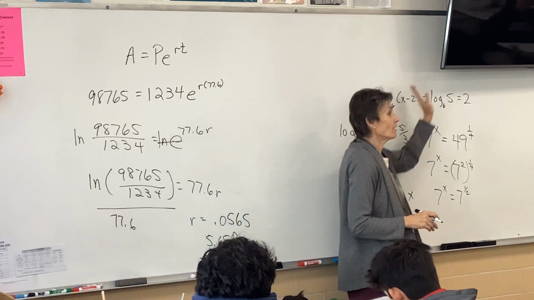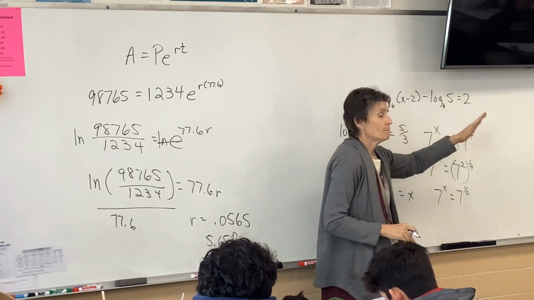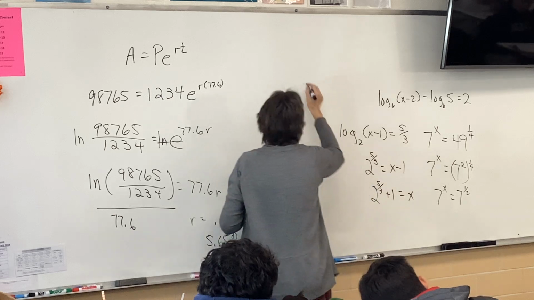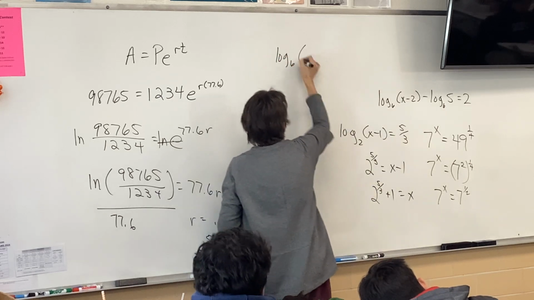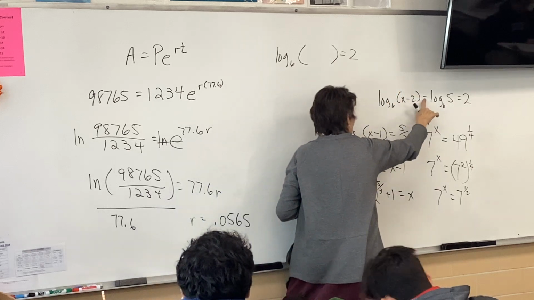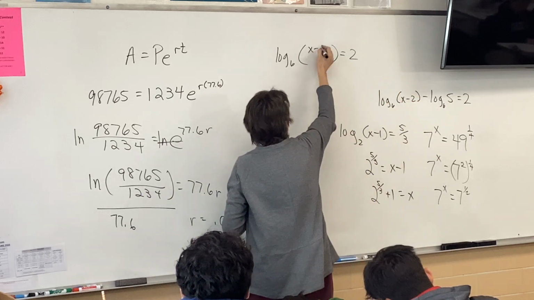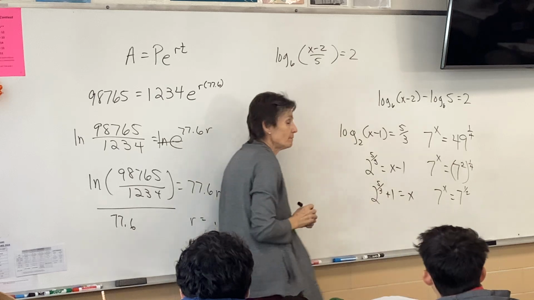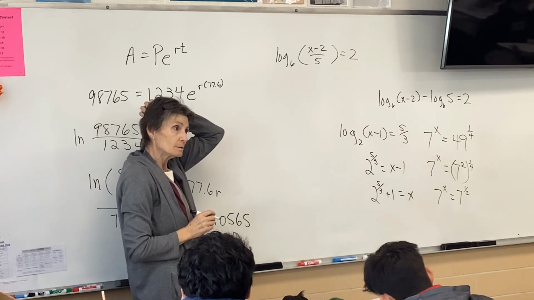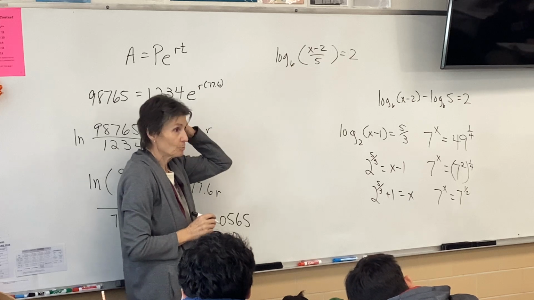You can have one on each side, that's okay, but you can't have two on one side. You have to put them together. So when I put those two together, since that's a minus, it's gonna be a division. And now I can loop-de-loop.